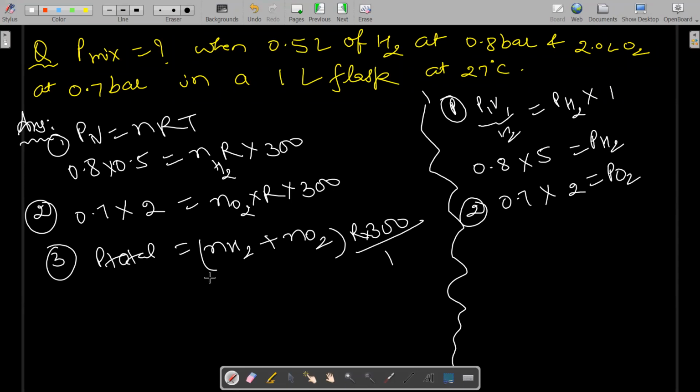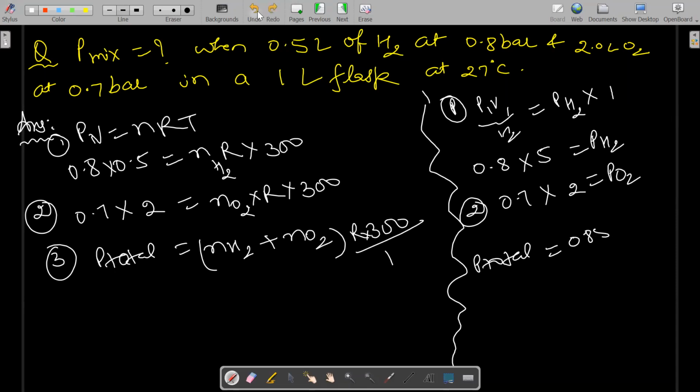But is it required to do any calculation here? On the left side also it is not required, it will be cancelled out. Plus, the common factor will cancel out, right? So you can do it by any one of the methods, either P1 V1, or directly finding the number of moles and then P total is equal to this, 0.85, sorry.